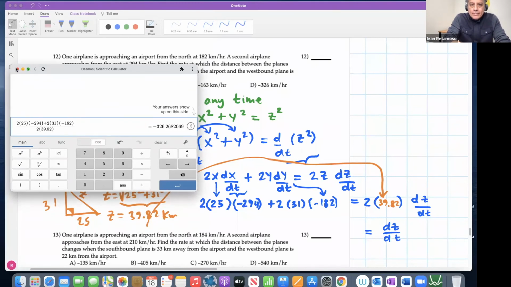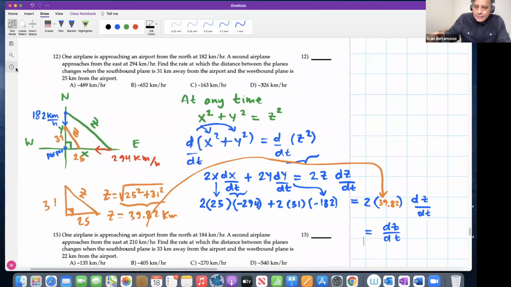In the end, feel free to attach the units: kilometers for distance, hours for time. So it will be minus 326 kilometers per hour, with a negative sign. Very good, guys. And it makes sense. Why is it negative? Because the distance z is also decreasing, as you can see.